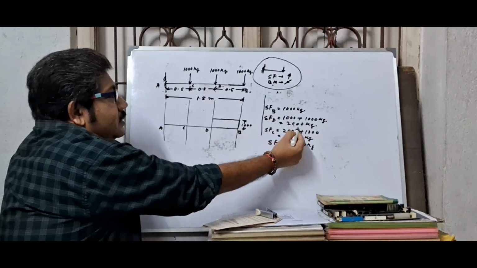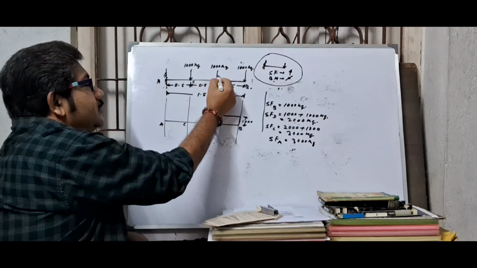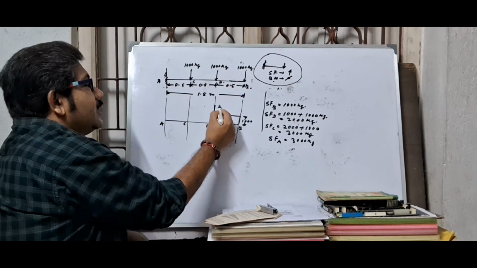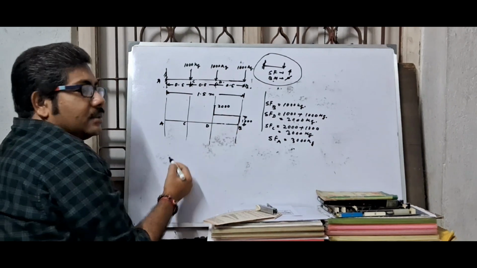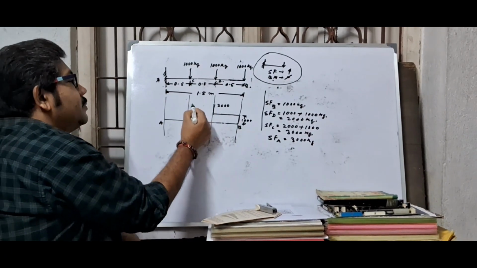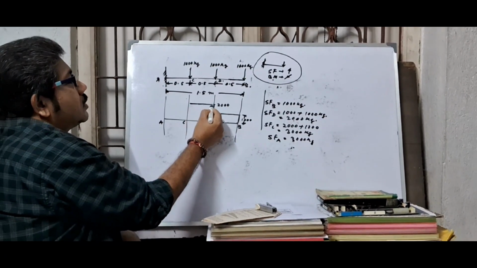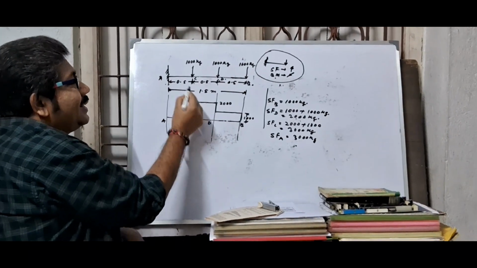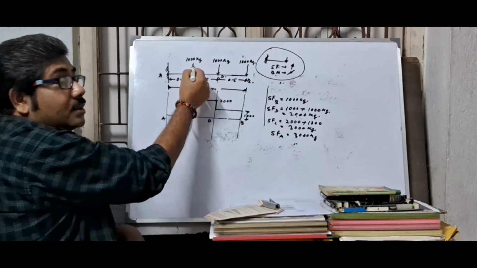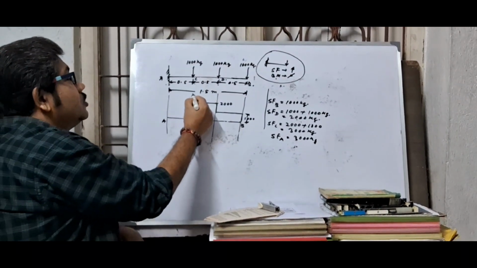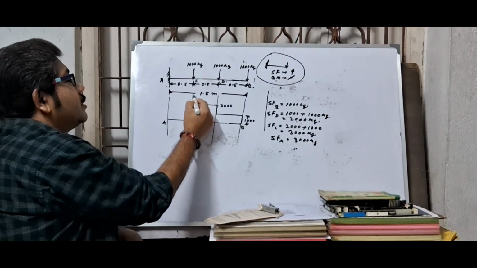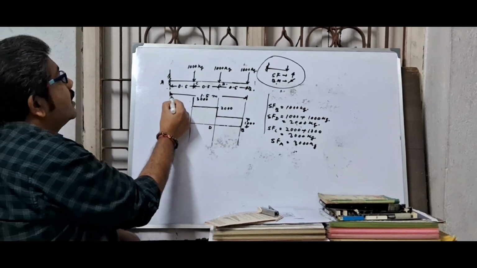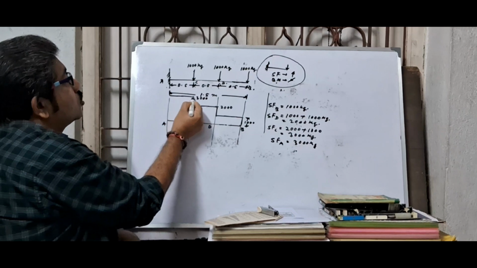So at point D, this is 2000 kg, and due to the point load, again it is upward. That means here this is 2000. Similarly, this 2000 kg continues up to point C, and when it touches C, again 1000 kg is acting, so again it is vertically upward. This is 3000, and here there is no load.